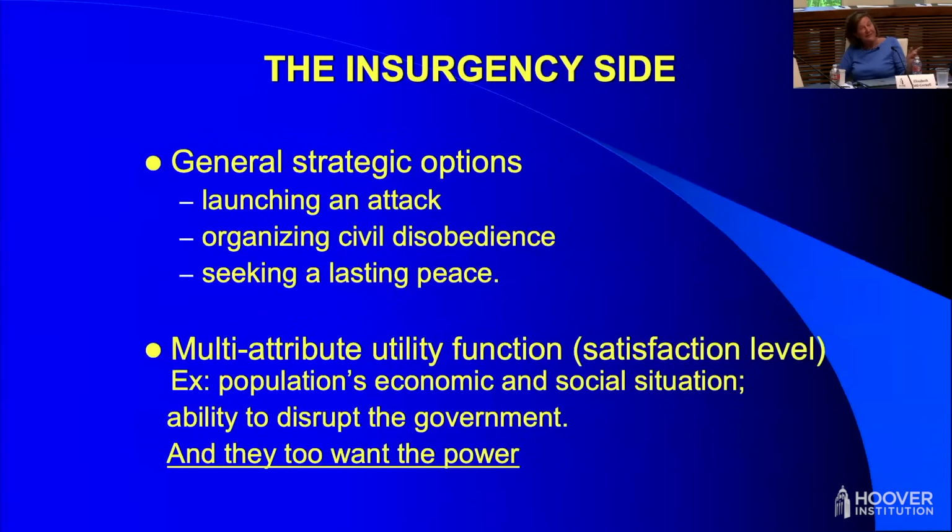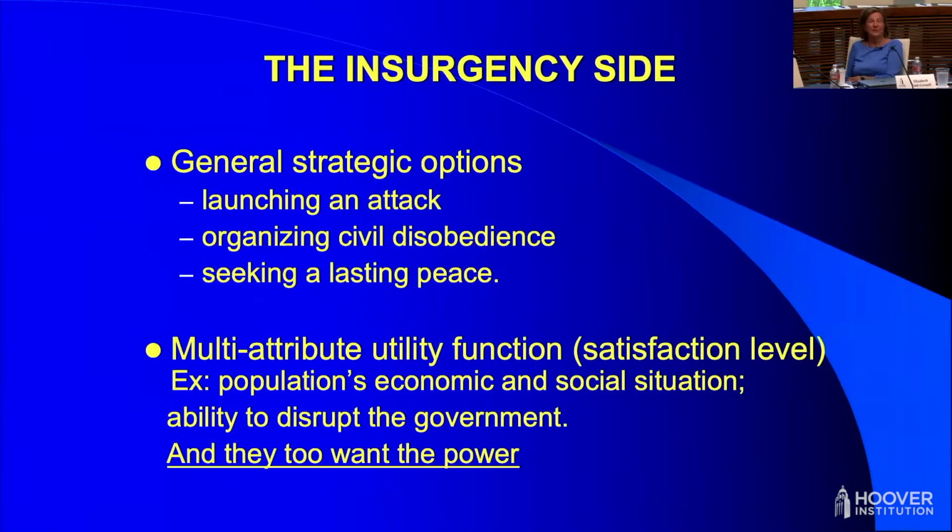Now, on the other side, the general strategic options: launching an attack, organizing civil disobedience, seeking a lasting peace. Their multi-attribute utility function, that is the satisfaction level, for example, the population, economic and social situation, affected the ability of the insurgents to disrupt the government.